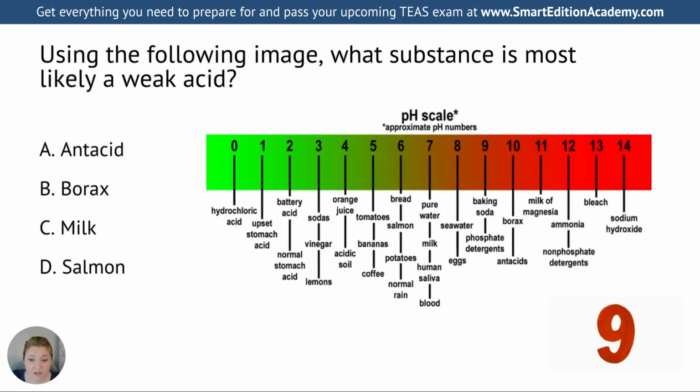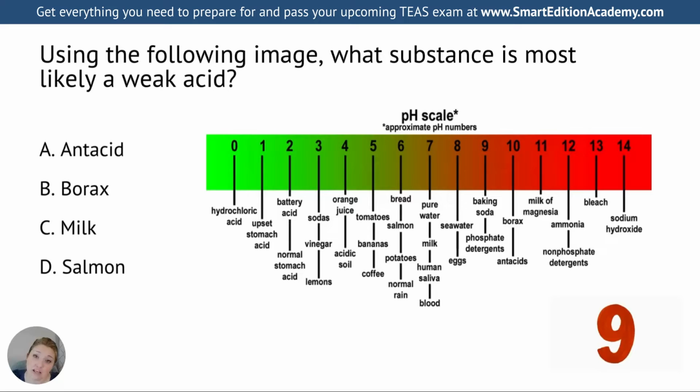Using the following image, what substance is most likely a weak acid? We know that 7 in the middle is neutral. Below 7 is acidic. As we get closer to that 0 mark, the solution is going to become more acidic.